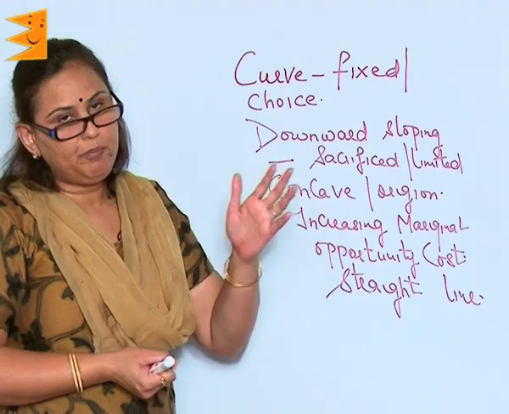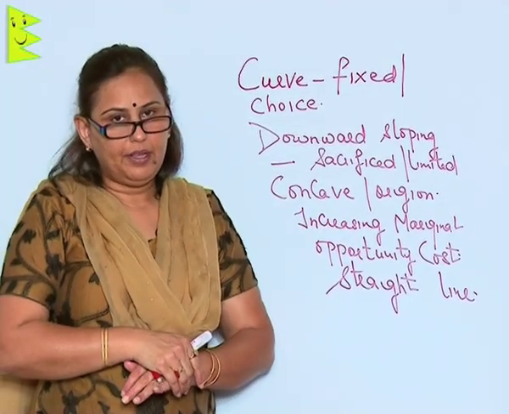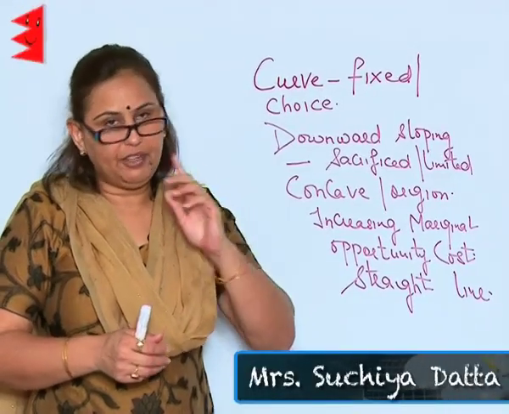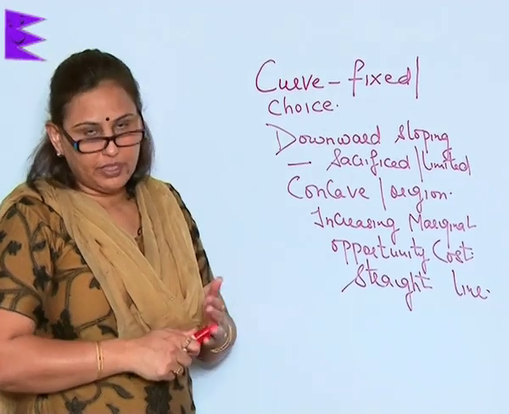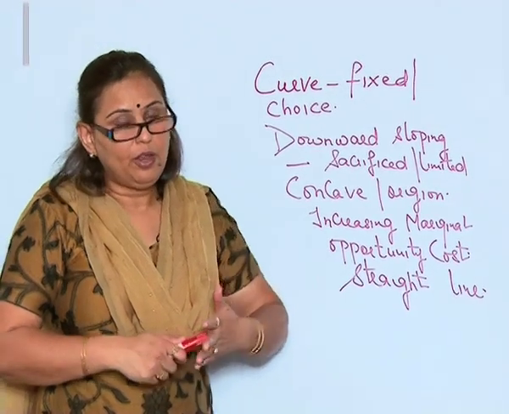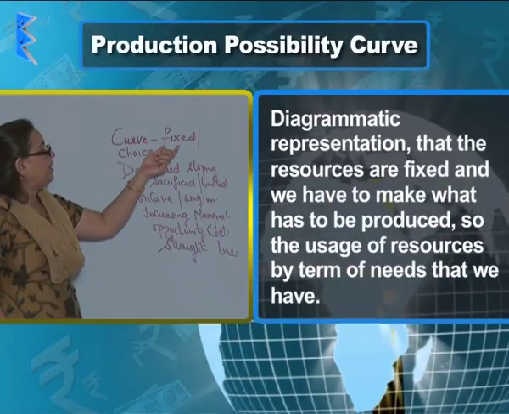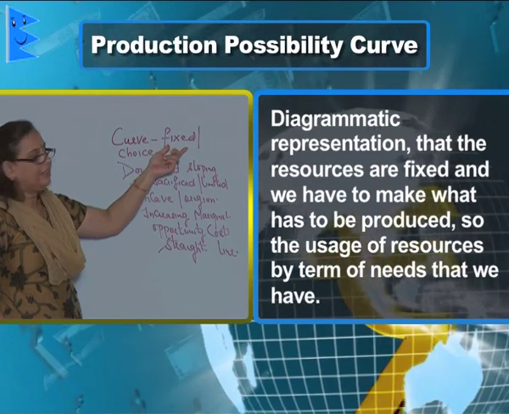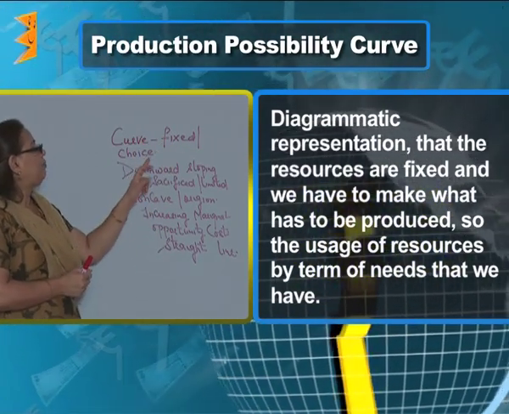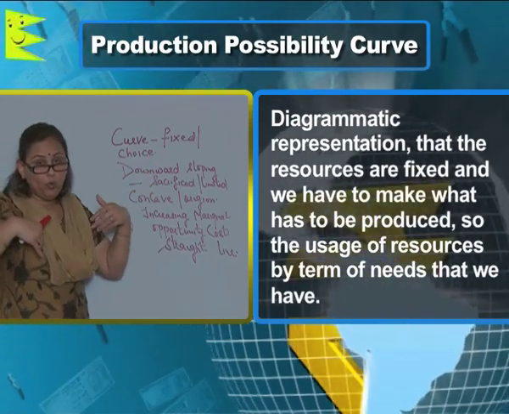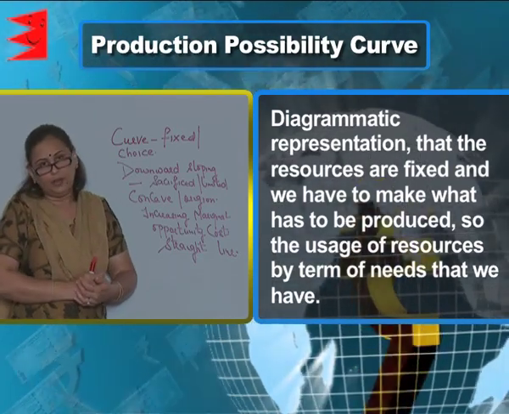The production possibility curve which we had drawn in the previous clipping has certain basic features. First of all, what is it? It is a diagrammatic representation that the resources are fixed, are limited, and we have to make a choice as to what has to be produced and what is better for the economy.